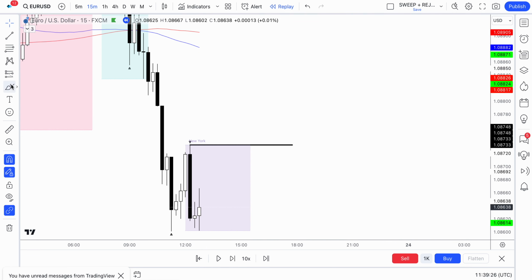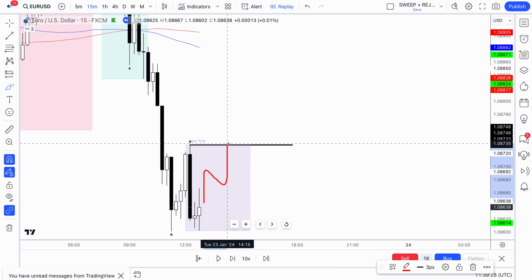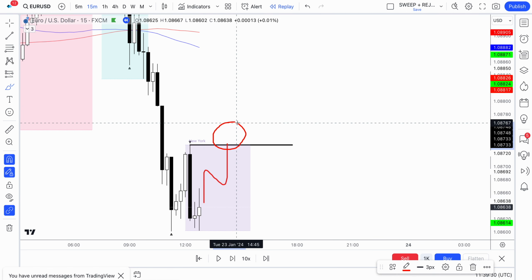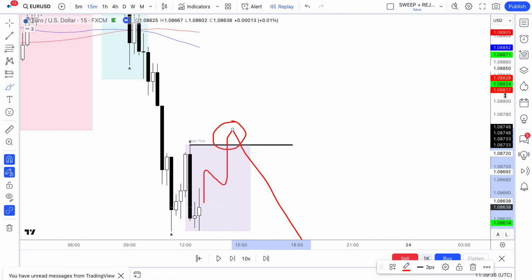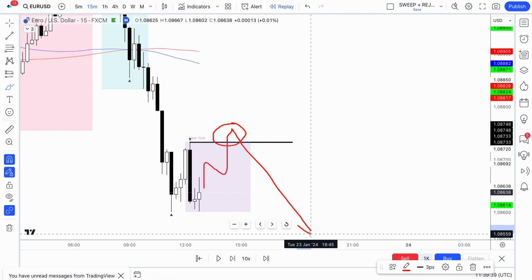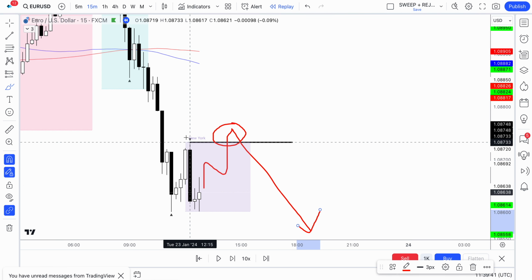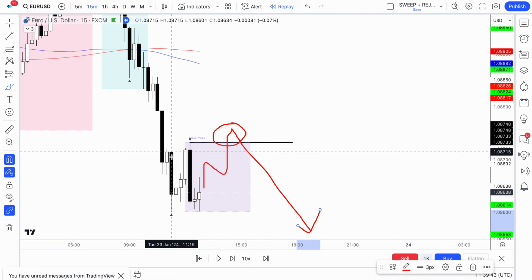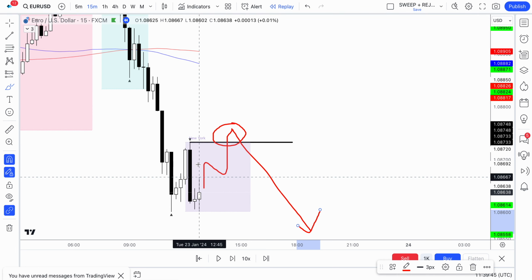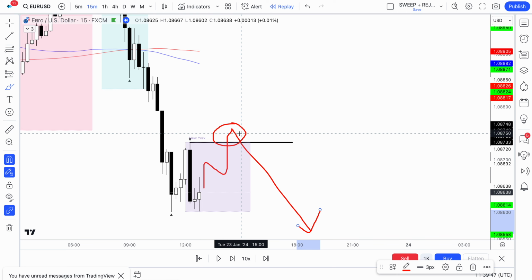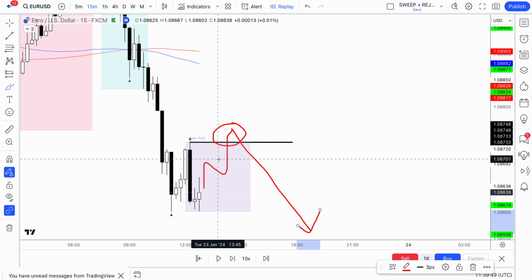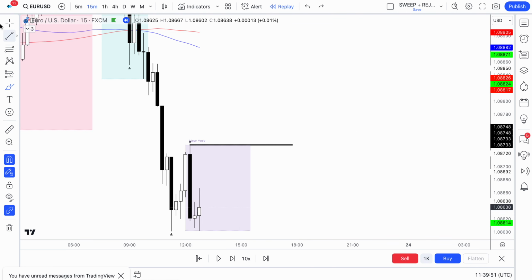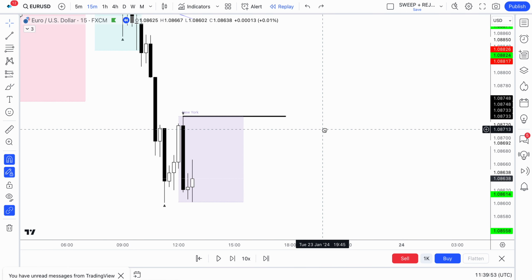If and only if price comes up and sweeps our most recent fractal, this will provide liquidity and fuel in order to push this market to the downside. The reason we want to see a sweep of this fractal is, as I said, this provides the fuel. But not only that, if you can't see the liquidity, then you probably are the liquidity.